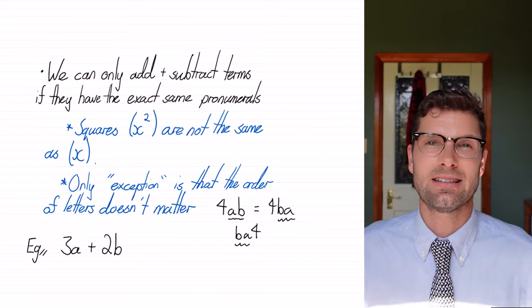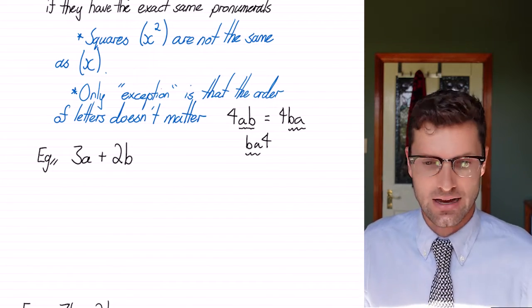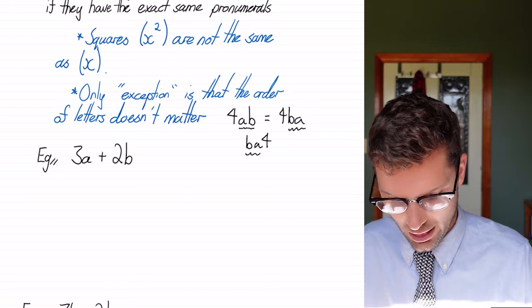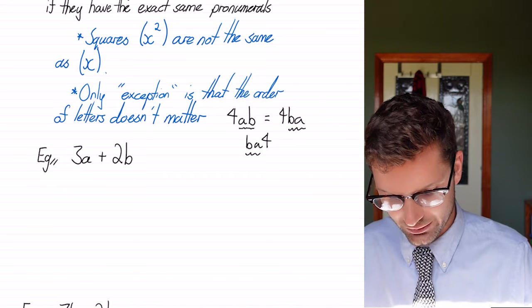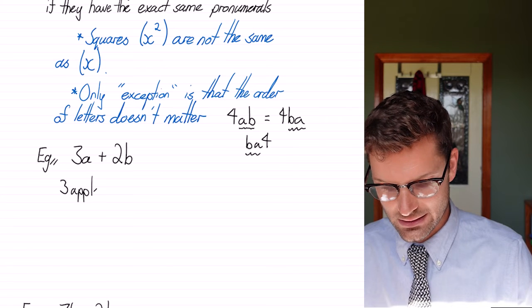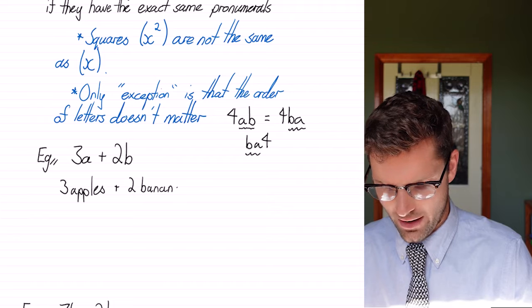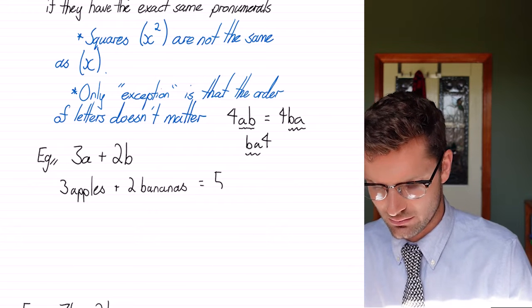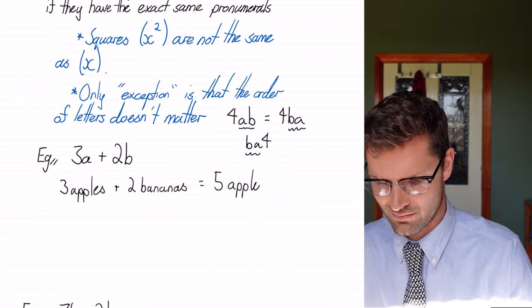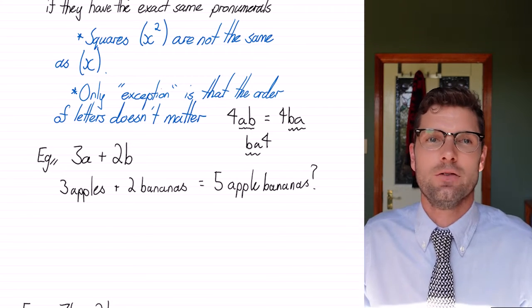We're just going to see another example of why it's kind of stupid to add these if they're not the same pronumeral. Again, if you had 3 apples and then someone gave you 2 bananas, you wouldn't say, I've got 5 apple bananas. That doesn't make any sense, right? You haven't just got a new fruit.